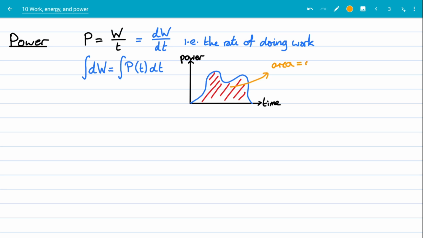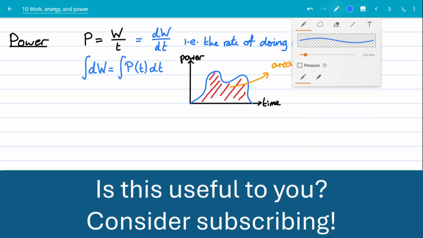Area equals work done. Okay. And that's what that equation tells us. But we don't need to really go into that at this stage.